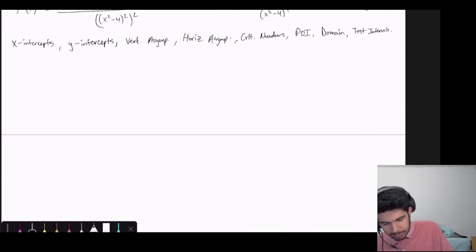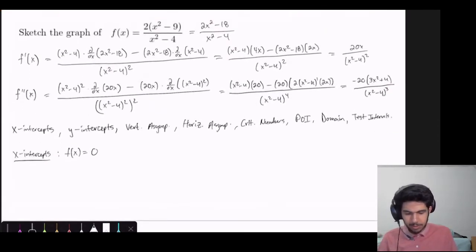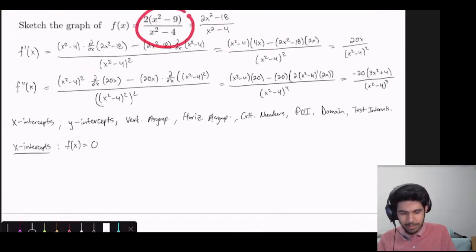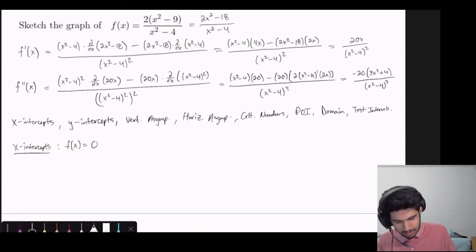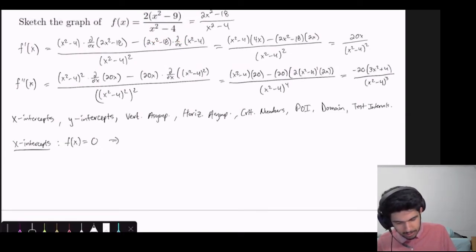So let's start with x-intercepts. This occurs where f of x equals 0. So we have f of x equals this. Let's just set it equal to 0 and see what happens. We get 2x squared minus 18 over x squared minus 4 equals 0.